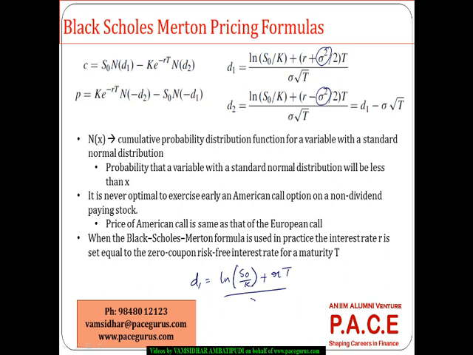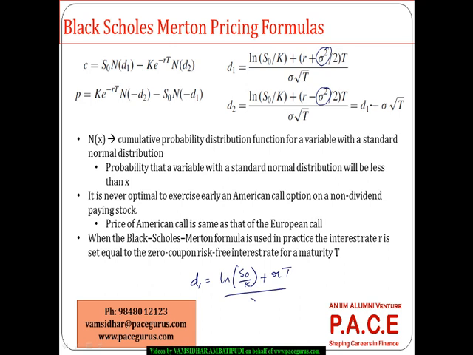No volatility exists, so d1 becomes literally undefined. Even if I split this up, it becomes almost undefined. d2 is also undefined, d1 minus sigma root T, where sigma is 0.